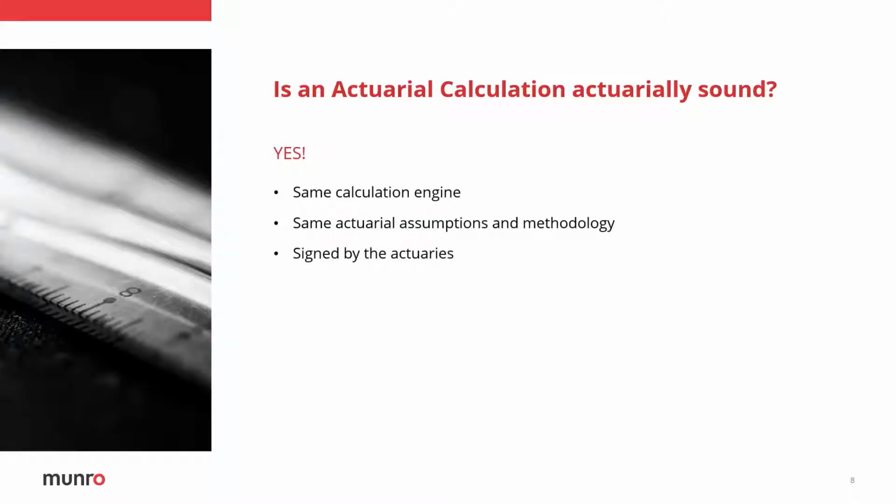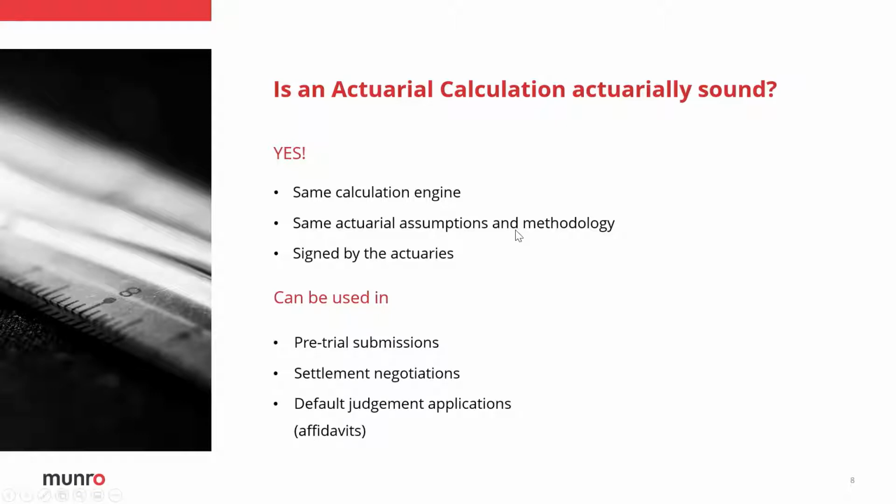So the real engine of the numbers is exactly the same as the engine we would use if we did our full reports. So yes, it is as actuarially sound as all our other reports. And because of that, it's perfect to be used in pre-trial submissions or settlement negotiations or default judgment applications via affidavits. And we've already done a number that have been used for these purposes.